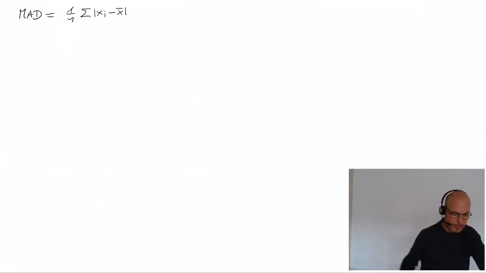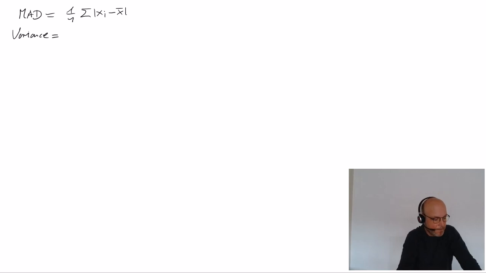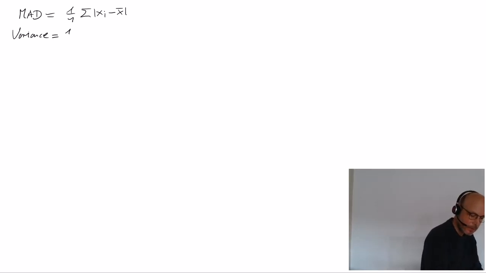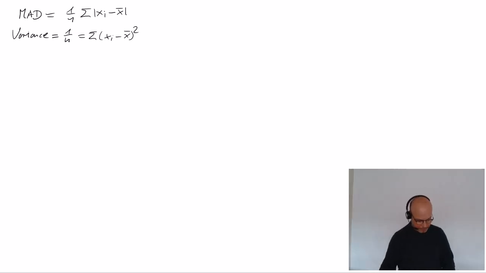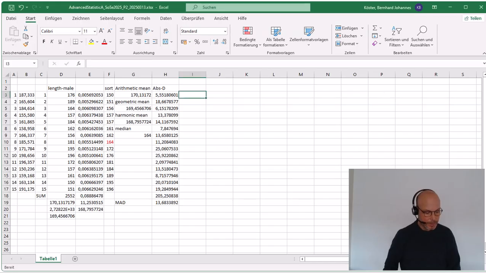Variance is defined how? This was the average squared distance of every data point. So 1 over n, sum over xi minus x bar squared. Let's do this.